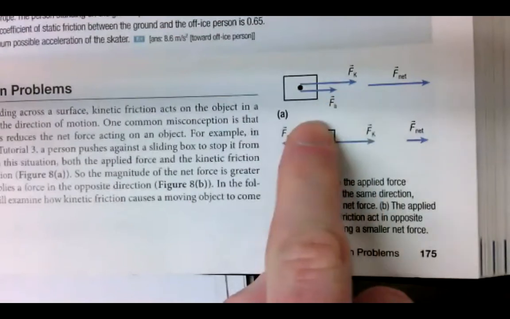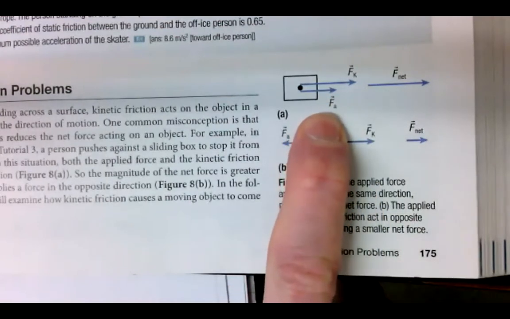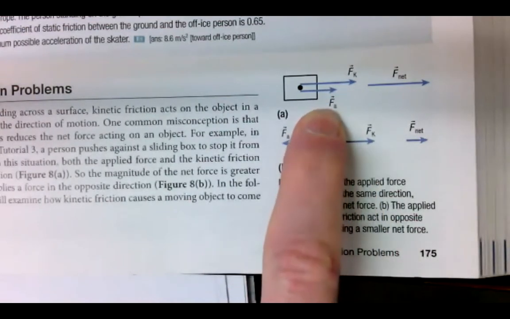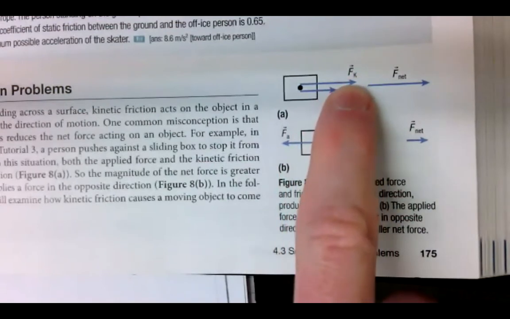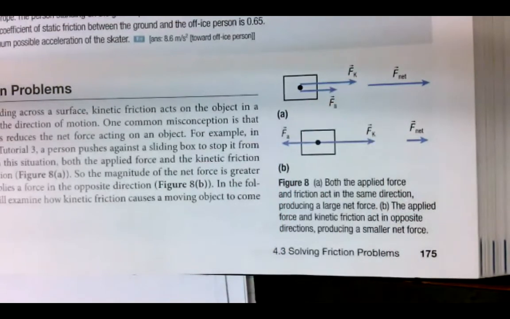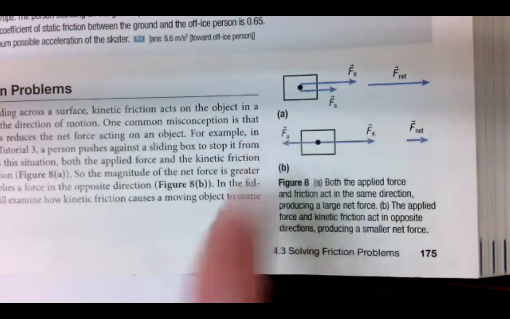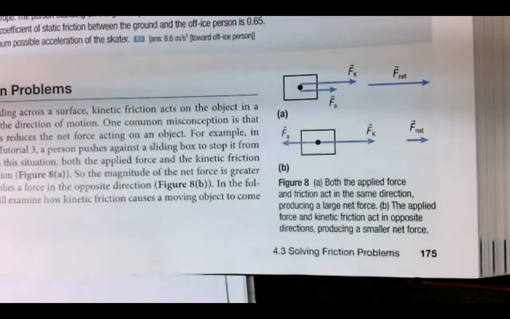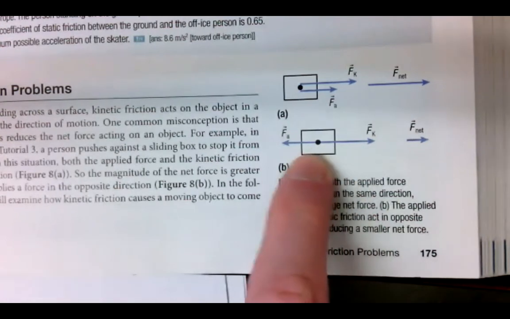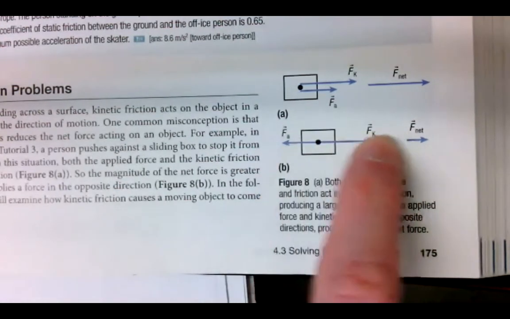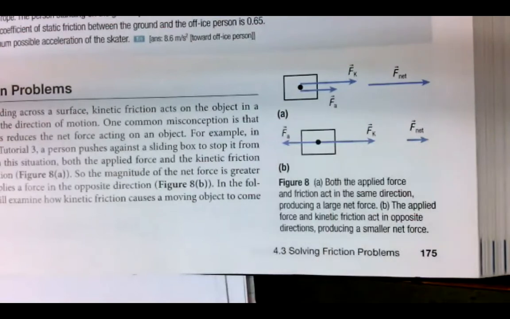Kinetic friction is working on it, but you put out your hands to stop it and you start applying force to slow it down as well. That's another example of when kinetic friction can work with you. But it's usually in the opposite of what you're trying to do. So, here you're just trying to drag something and kinetic friction's like, I don't want to go. It never wants to go. That's kinetic friction for you.